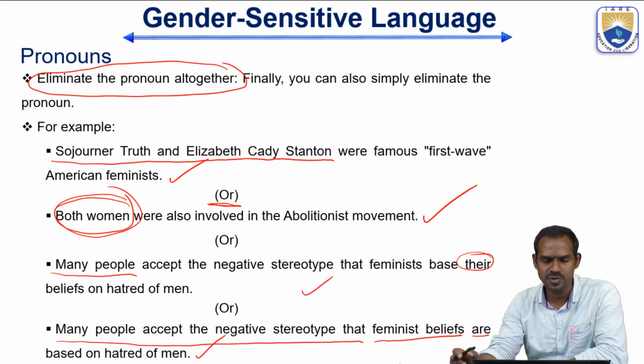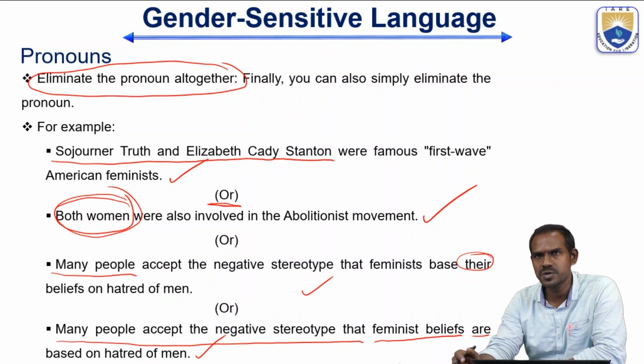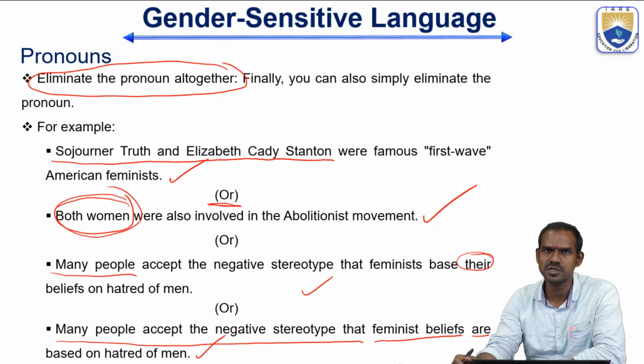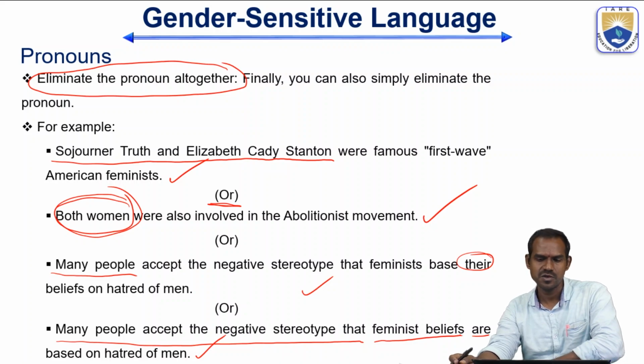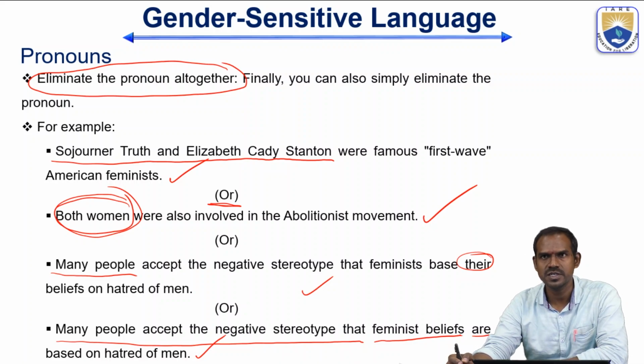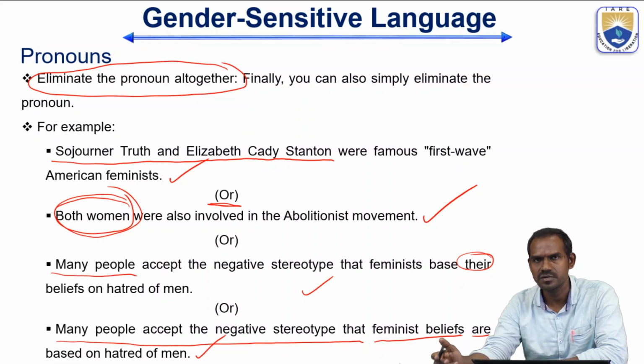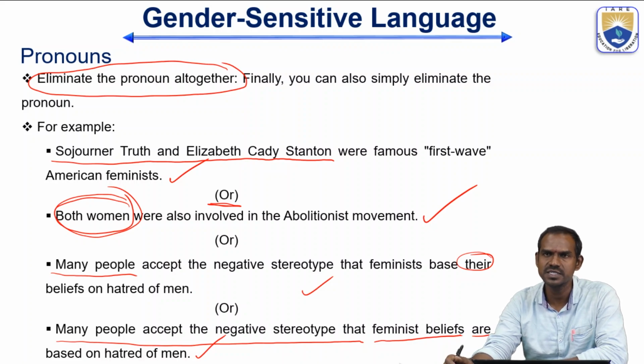Okay, I hope you understood how the pronouns were used as a part of gender sensitive language, which is a part of gender sensitization. So four types of pronouns I have shown here: masculine pronouns, feminine pronouns, and pronouns used for neutral or non-human nouns, and one thing is ambiguous, gender ambiguous or gender neutral third person singular pronouns.